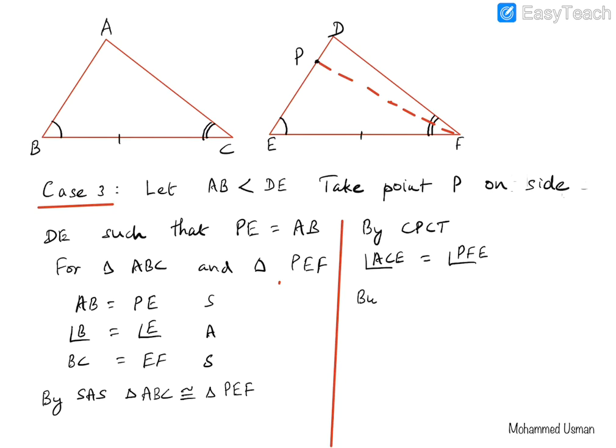But it is given to us that angle ACB is equal to angle DFE. So we see that angle ACB equals PFE and ACB is also DFE. That means PFE and DFE must be the same. Angle PFE and DFE being the same can happen only when the point P lies on point D.